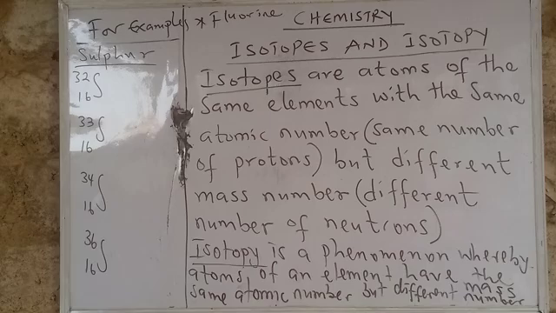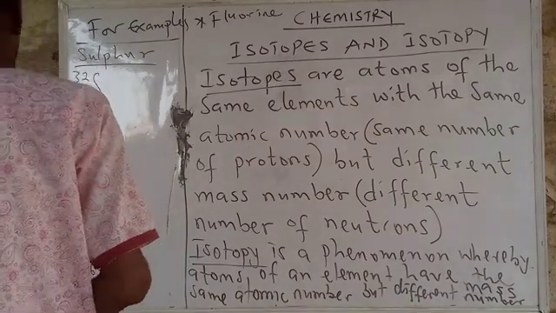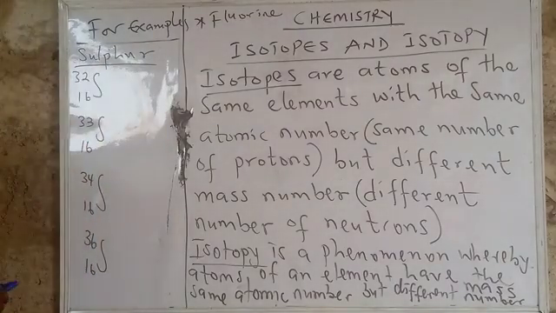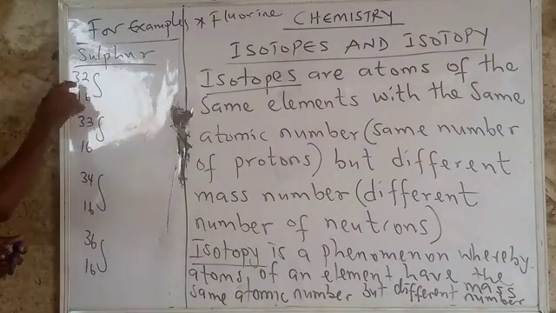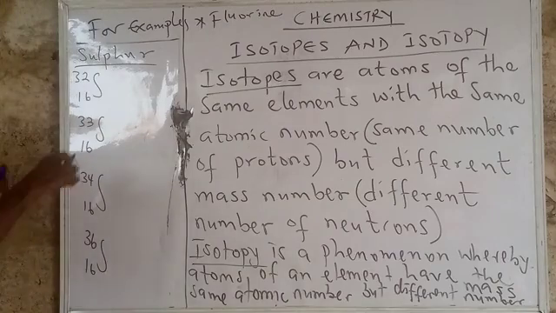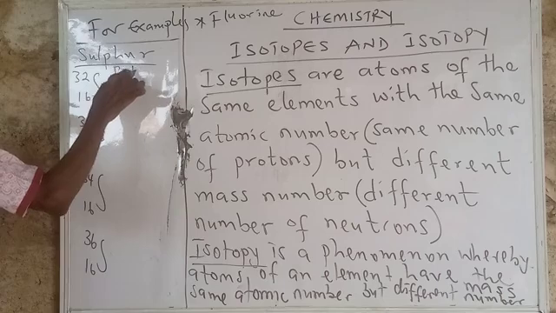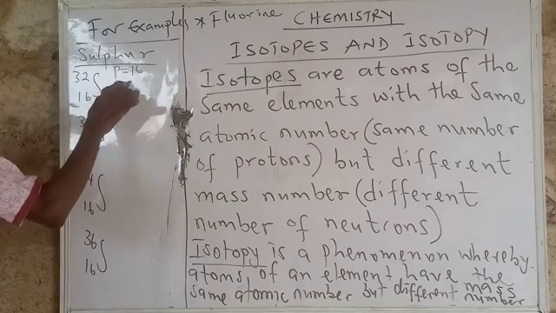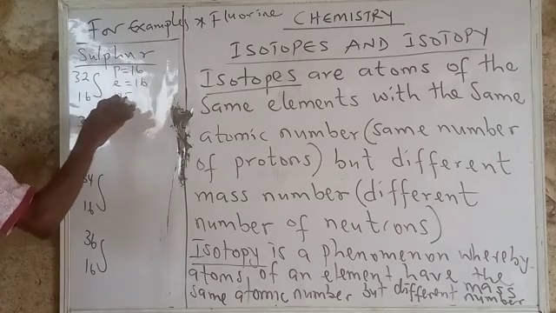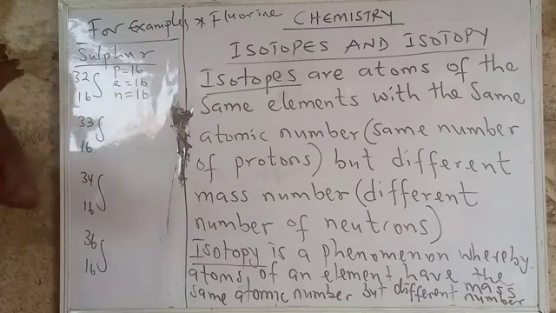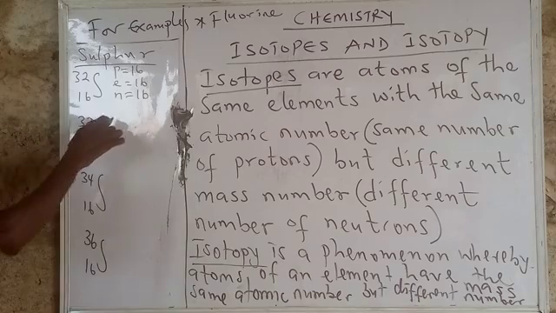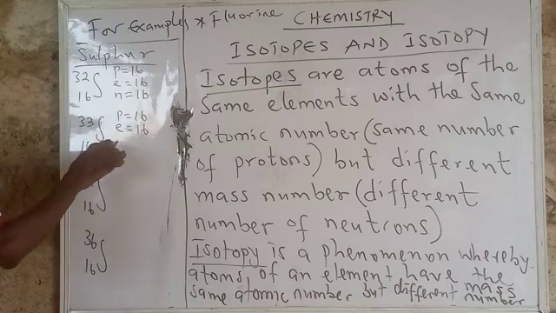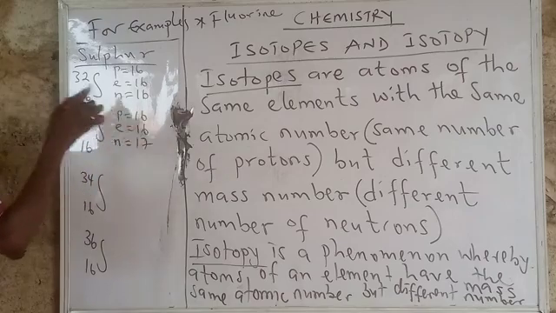On the board are the isotopes of sulfur. We have sulfur 32. In sulfur 32, the proton is 16, the electron is 16, as well as the neutron 16. In sulfur 33, the proton is 16, electron 16, neutron 17.